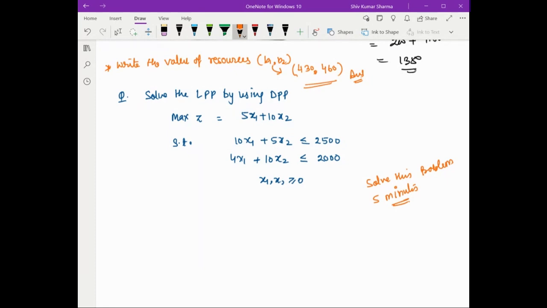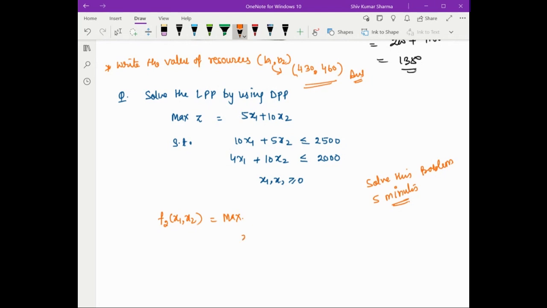So just make a function and write the value of x1, x2, and decide which value is f2 of x1, x2 equal to maximum of.